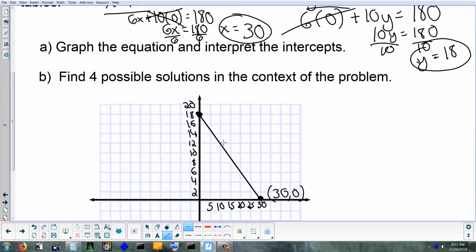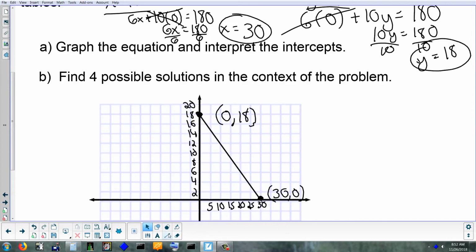Remember, for the y, the 0 is first. For the x, the 0 is second. So like Bethany just told us, oops, I made the same mistake. It'll be 0, 18.